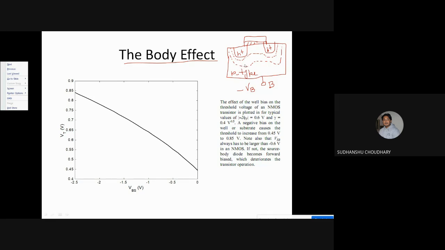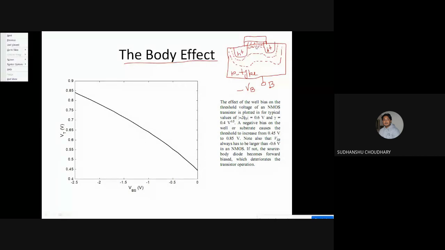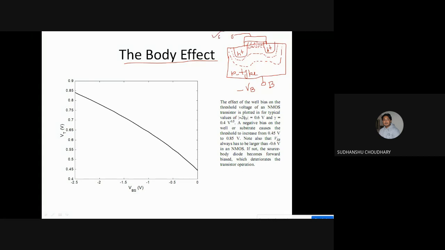To accommodate this increase in charge, some charge from the channel should be reduced. When the channel charge is reduced, one has to apply more gate bias to create a strong channel again. So the threshold voltage increases when you increase the negative voltage applied at the body terminal.